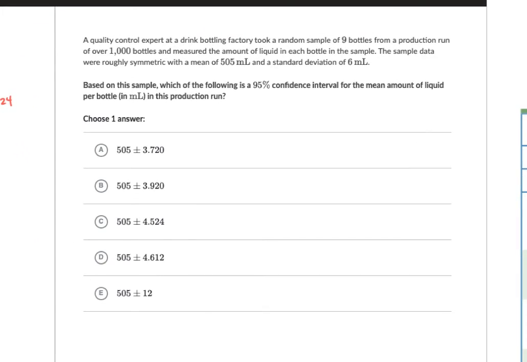All right, this problem we're going to have to do a little bit more calculation. We are going to have to calculate the margin of error. So margin of error is going to be t star times s over the square root of n, because this problem is about means. Well, they tell us a random sample of 9, which means n equals 9.